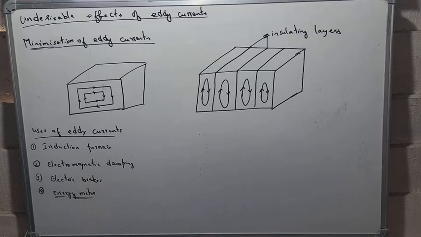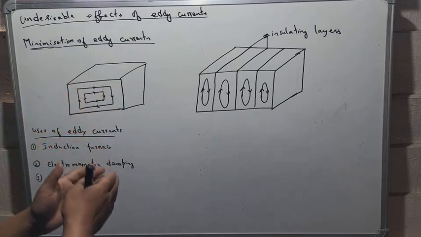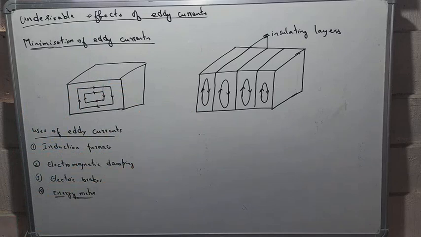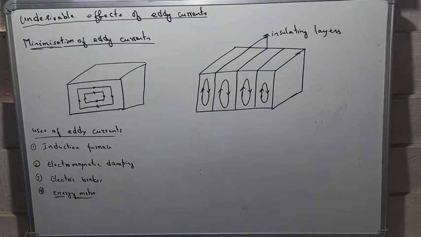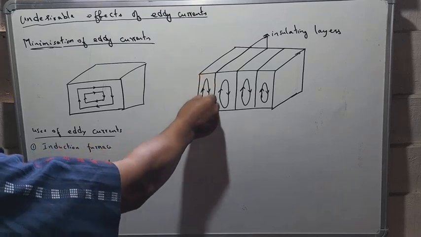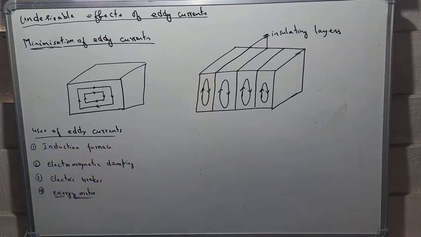All right. So in order to avoid such a problem, or to minimize the eddy currents, what we do is, instead of a single solid metal, we divide this single solid metal into thin sheets of metal. Each sheet of metal is insulated from the others by a thin varnish, and we call these thin sheets of metal a laminated core.